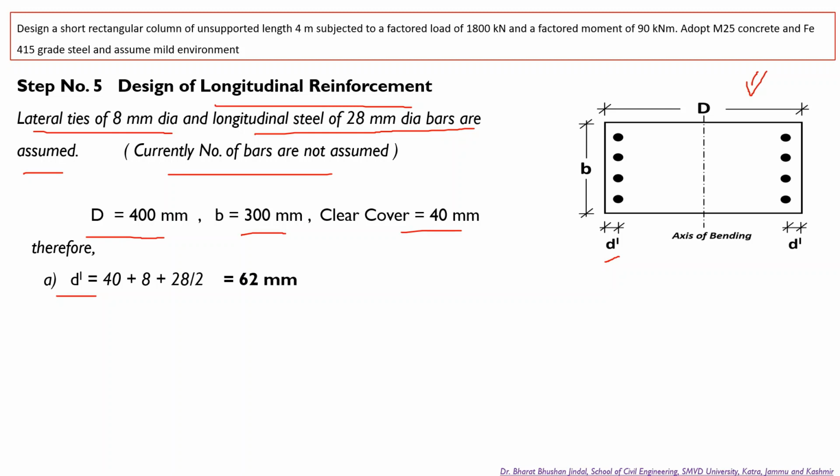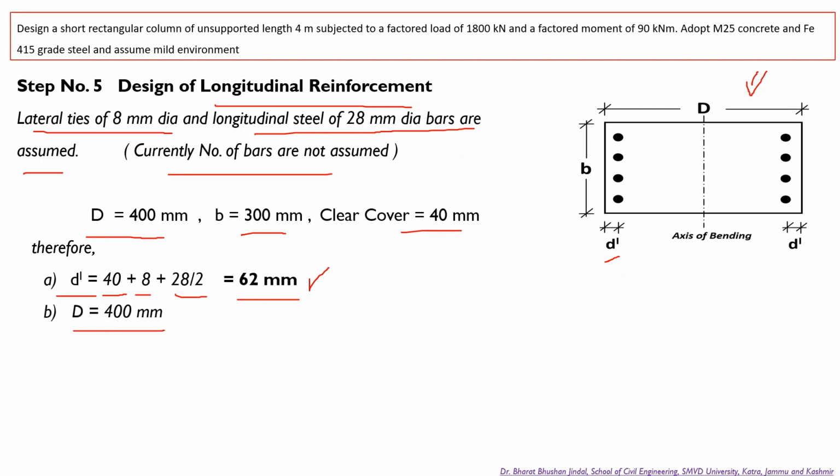We have not shown the lateral ties here, but we will take them into consideration also. So 40 millimeter was the clear cover, 8 millimeter is the diameter of the lateral ties which will surround this main reinforcement, and half of the diameter of the bar we have to take into consideration. After doing the calculation, we came out with D dash equal to 62 millimeter.